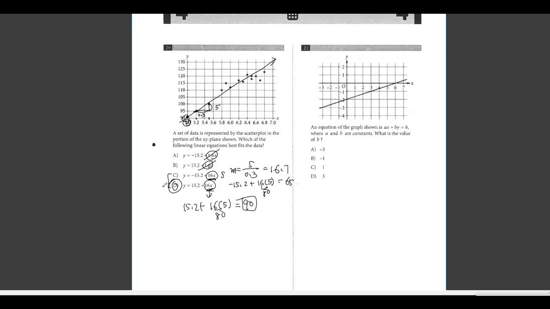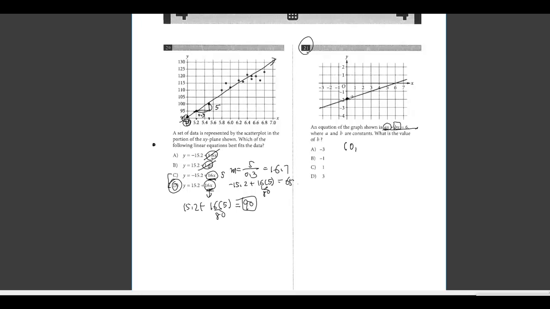Okay. All right. Number 21. Take a look. Number 21. Okay. We have this one: ax plus by equals 6. That is linear. To find the value of b, we need to plug in a number, but try to make the other term 0. Where is it? x equals 0, right? You can choose this point.